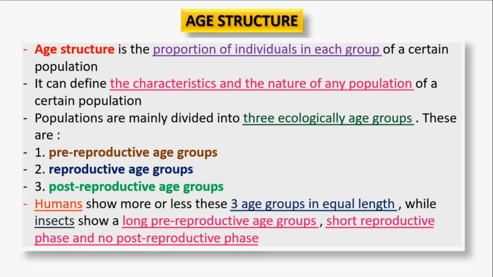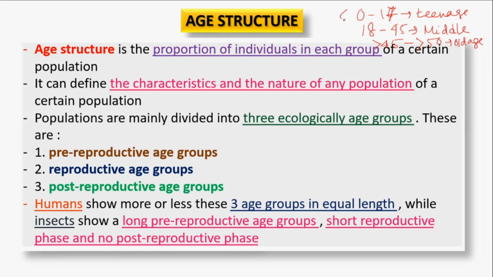That means if we consider the human population, we can write it this way: 0 to 16 or 0 to 17 is the teenage time, 18 to 45 is the middle age time, or they are the reproductive individuals in the population, and after 45 or after 50 they belong to old age.